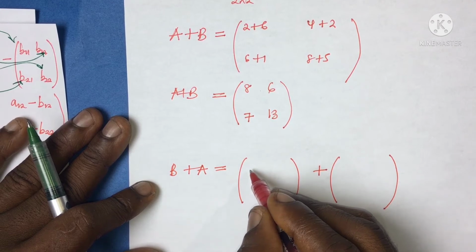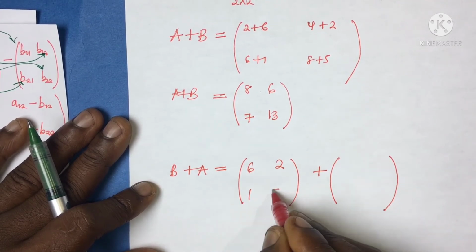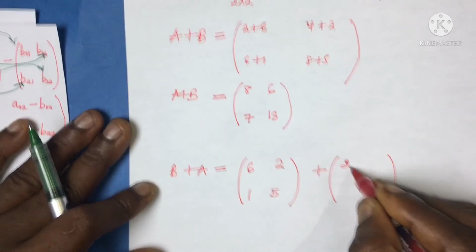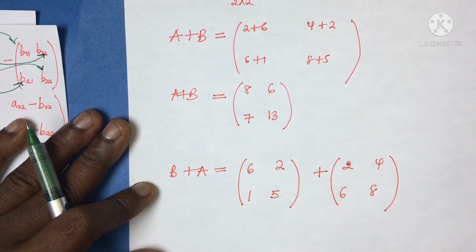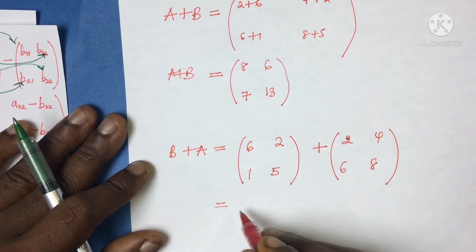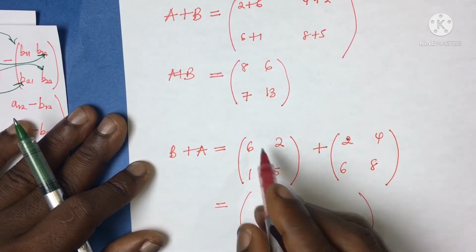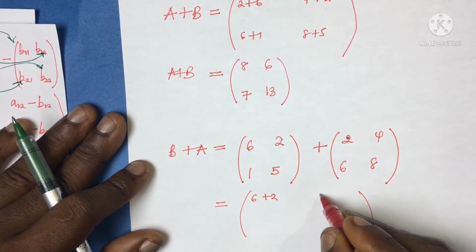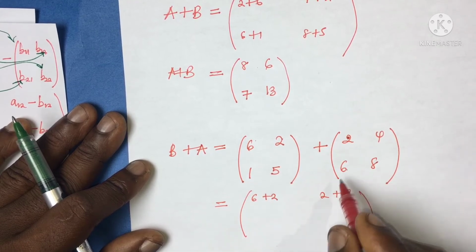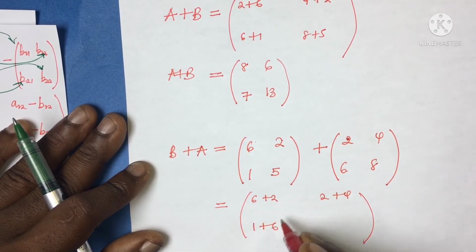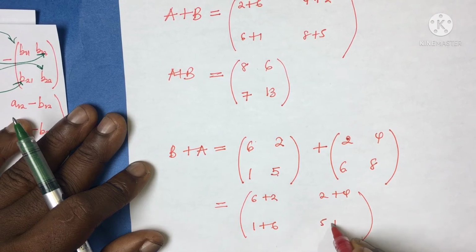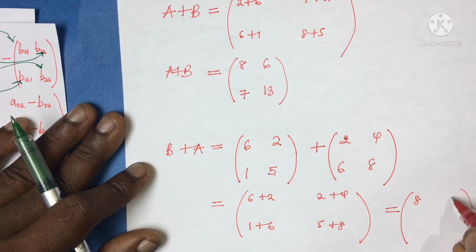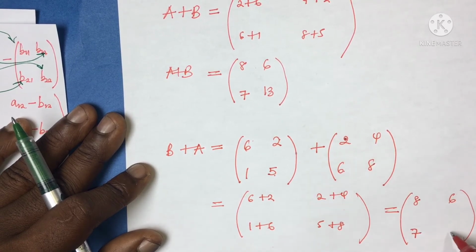So this will be 6, 2, 1, 5 for the matrix B, and then 2, 4, 6, 8 for the matrix A. That will give us, in addition, 6 added to 2 to give 6 plus 2, 2 added to 4 to give 2 plus 4, 1 added to 6 to give 1 plus 6, and 5 added to 8 to give 5 plus 8. So your final result becomes 8, 6, 7, 13.